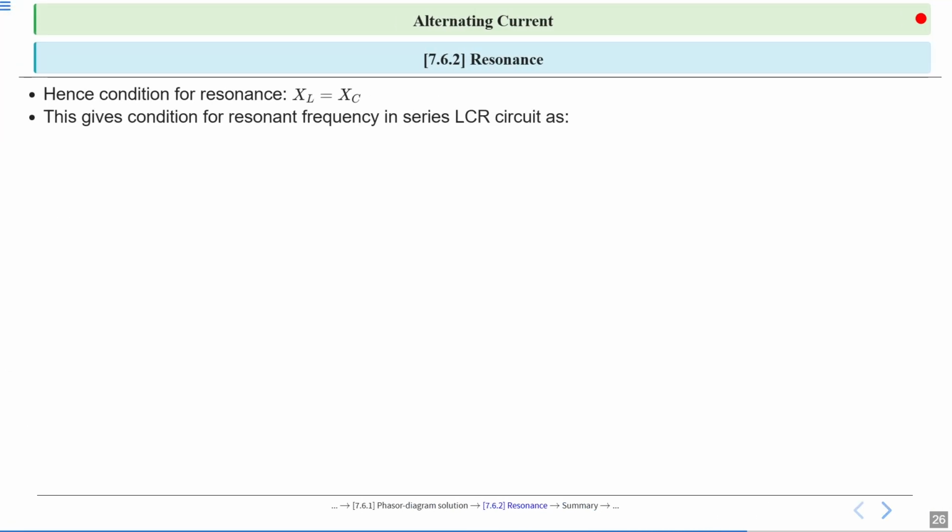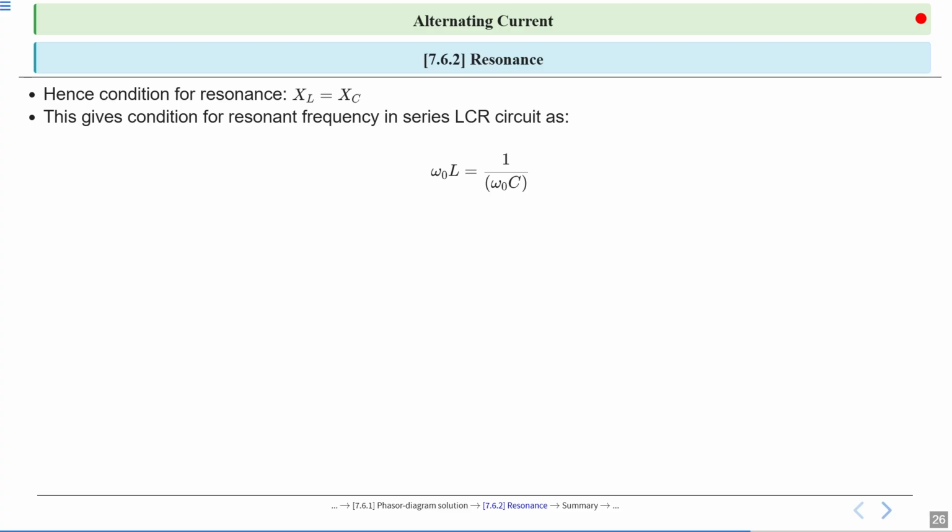Here the condition for resonance is XL equal to Xc, meaning capacitive reactance will be equal to inductive reactance. This gives the condition for resonant frequency in the LCR circuit. So we have to compare XL equal to Xc. So what is XL? Omega L. So we are at resonant frequency. The frequency at resonance is called resonant frequency.